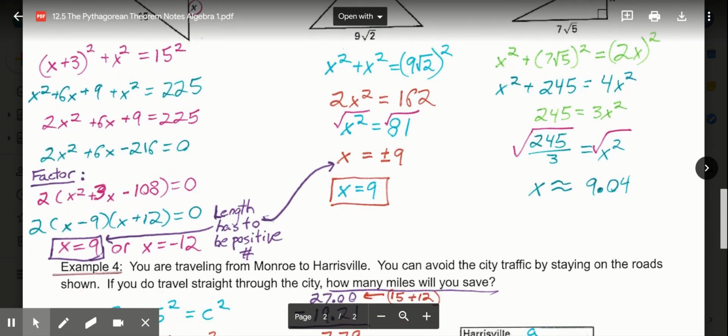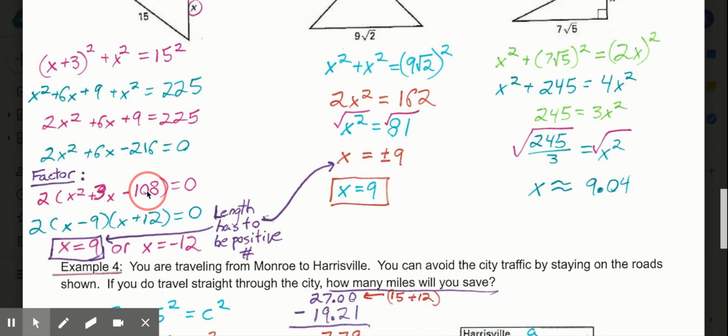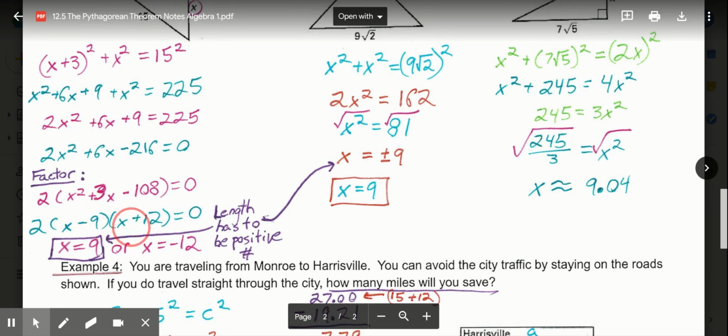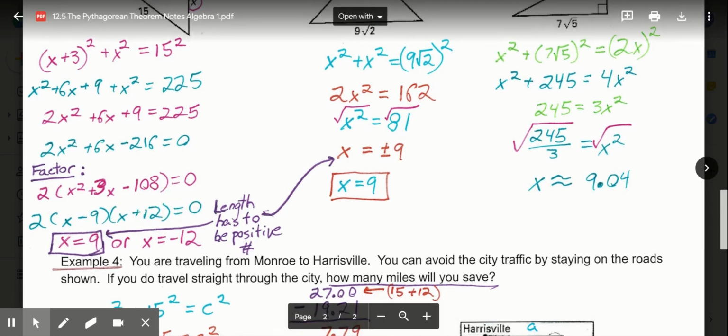And then we need to undo the foiling and break this down into our two binomials. So x squared plus 3x minus 108 gives us x minus 9 and x plus 12. And then we take each part and set it equal to 0. So we end up with x equals 9 or x equals negative 12.